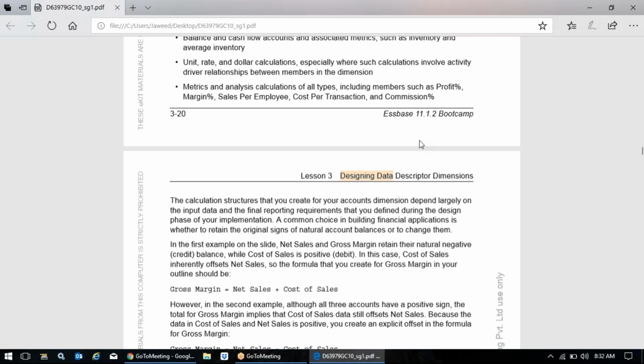Or we don't understand the logic of whether to use the plus operator first, or the minus operator, or the multiplication operator first, to quantify the value. These are very important when you design the outline.